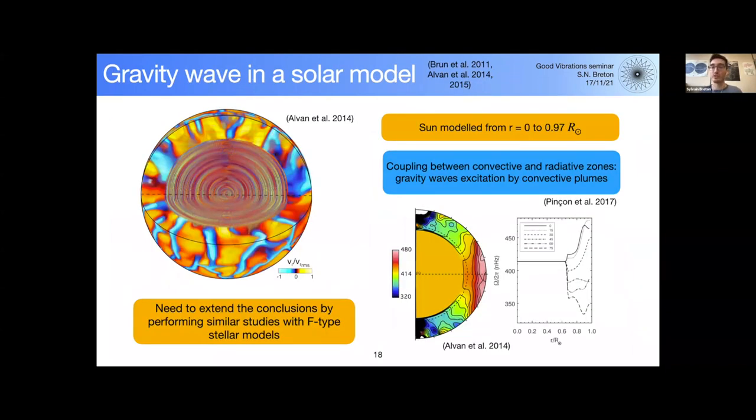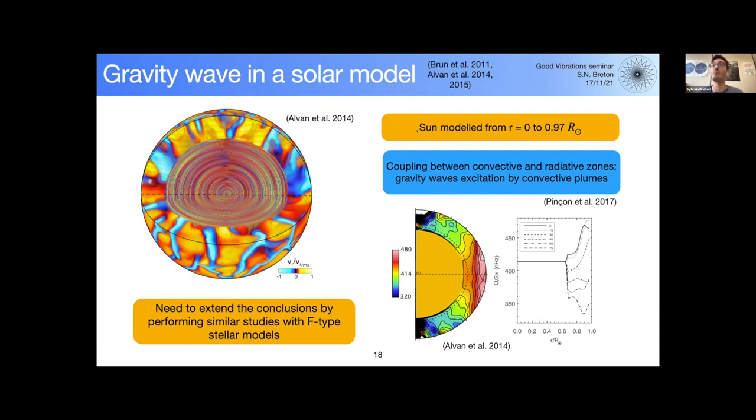So to answer this question, what are the surface amplitudes of the gravity modes? The idea is to use 3D simulations. 3D simulations of gravity waves were already performed for a solar model by Brun et al. 2011 and Alvan et al. 2014 and 2015.